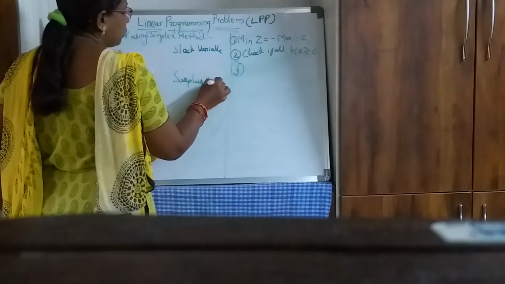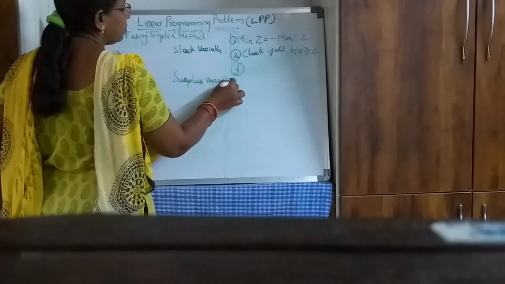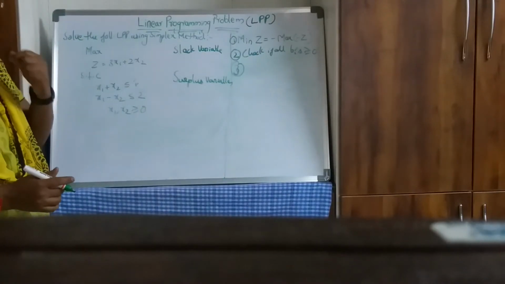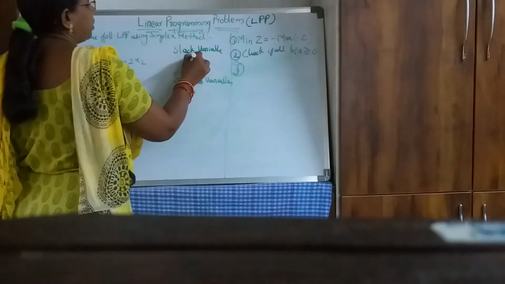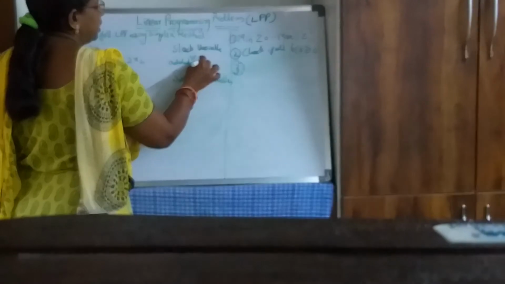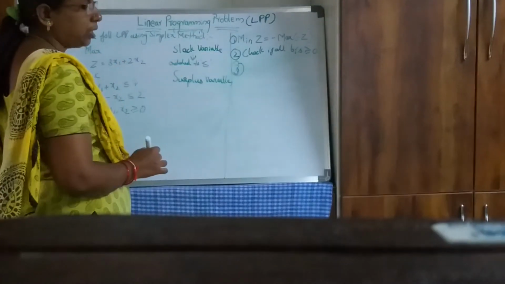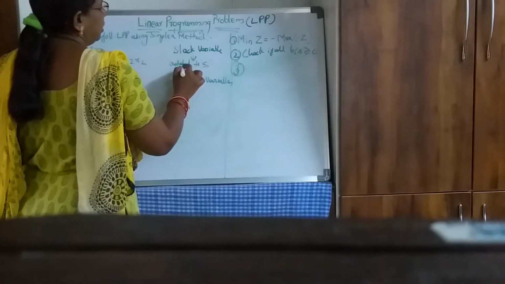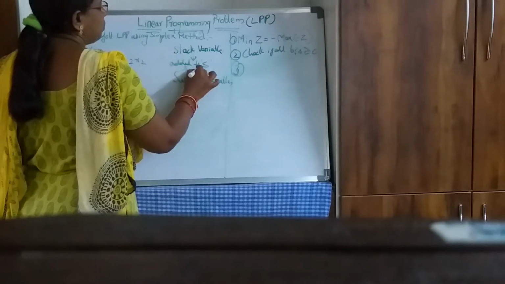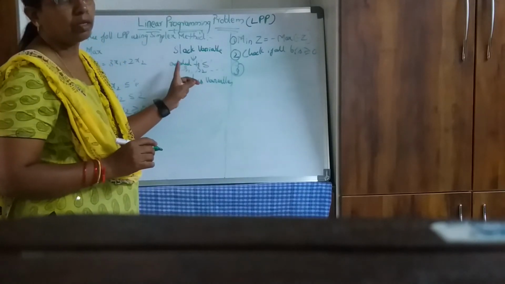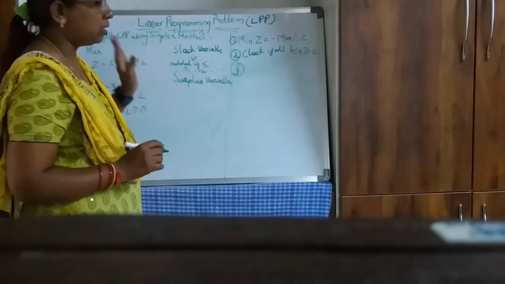Now, when to use these variables? Slack variables are added if you have constraints of less than or equal to type. We denote these slack variables as s1, s2 like that, and the cost associated with them is 0.